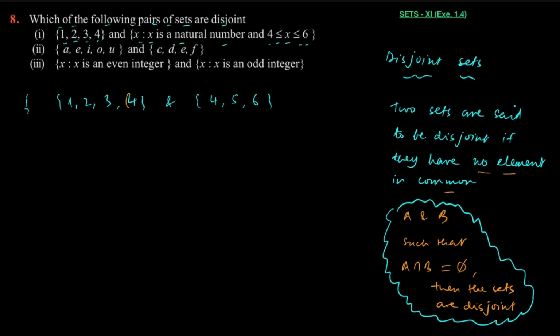So one can observe that 4 is the common element, and we already know for sets to be disjoint, A intersection B should be an empty set. Here in this case, A intersection B is not an empty set. So these two sets are not disjoint. Therefore, the two sets are not disjoint.